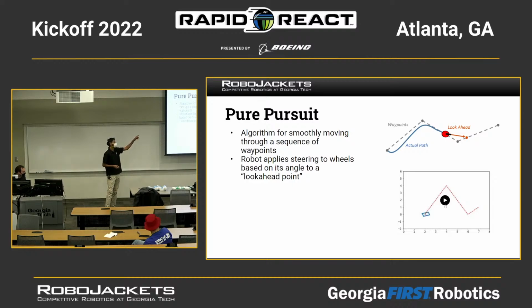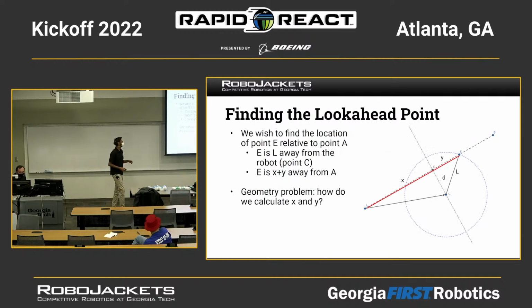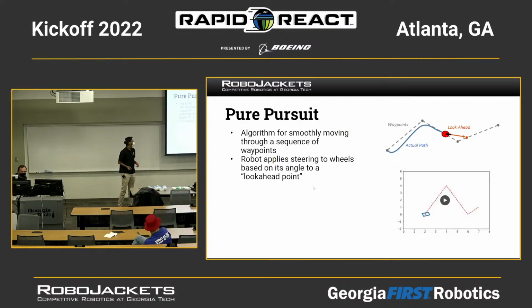Each path segment is just a straight line between 2 consecutive points, and the look-ahead point travels along each of those path segments. The robot tries to drive in an arc which connects it to the look-ahead point. So that's what you can see on the top right. And then that's an example of the robot moving in that smooth path on the bottom right.